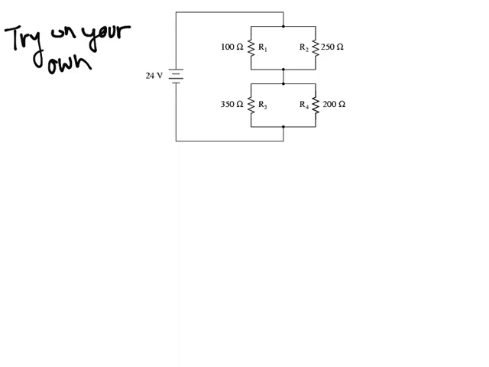Alright, so pause it, try it on your own, and then come back for a detailed explanation. Alright, so to start off, you first got to figure out where is your inside, what's happening. So we can see that R1 and R2 are in parallel. I'm just going to shorten that.